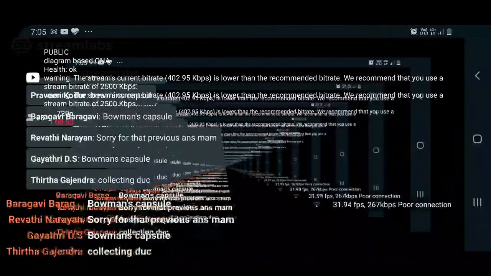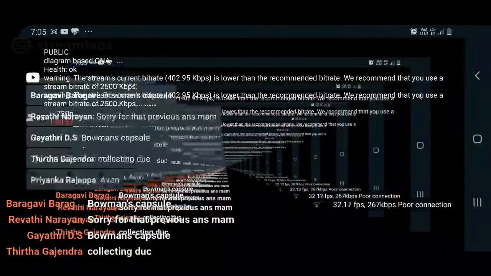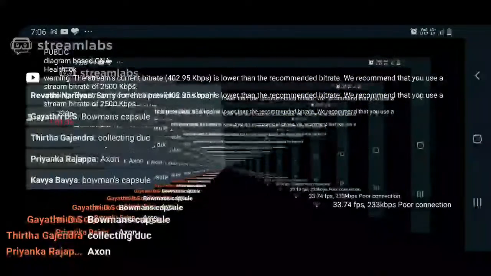Okay. Now, axon carries the message in dash form. In which form does the axon carry the message?